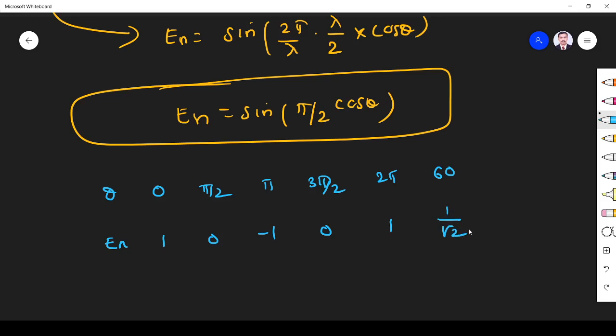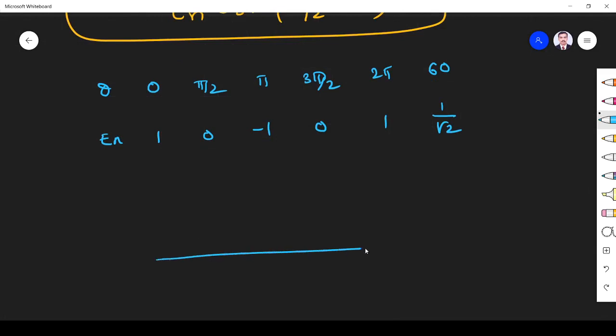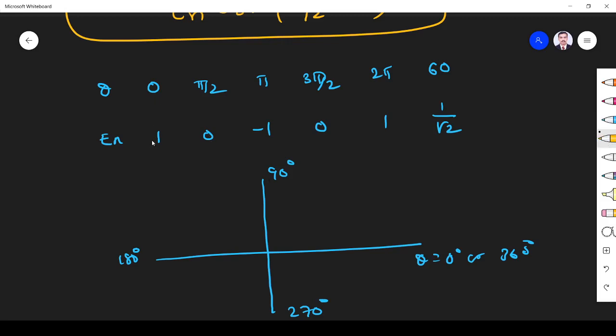Right? Let us draw the diagram. Theta 0 degree or 360 degree, 90 degree, 180 degree, 270 degree. When theta is equal to 0, the electric field is maximum, that is 1.